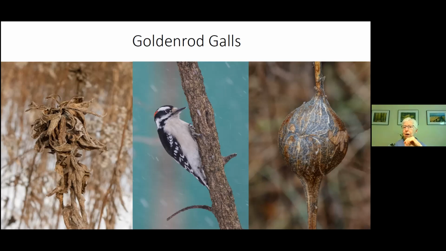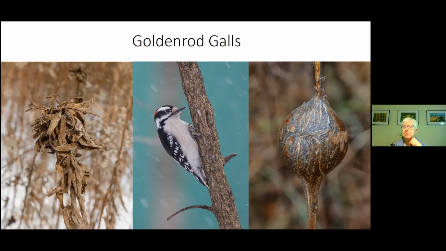Interestingly, that gall can host other insects aside from the one whose presence caused the plant to produce that gall. There are other insects that are sort of freeloaders. They're called inquilines. They're also living inside that gall, eating the plant tissue inside that gall and developing inside that gall.